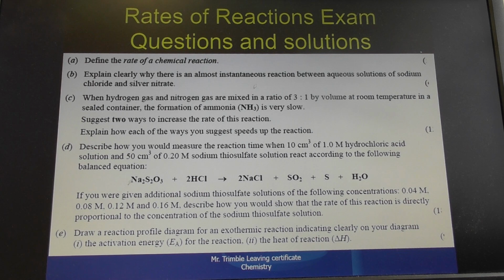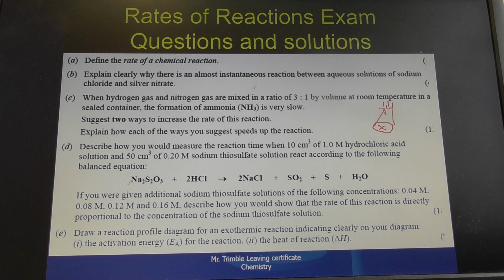So you place the thiosulfate solution in a conical flask over a page, and on that page you have an X marked, we've looked at this before. You look down, and as you add in the HCl, this X will become obscured over time due to the production of sulfur.